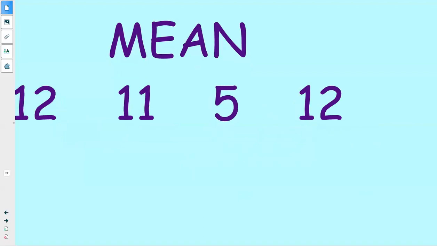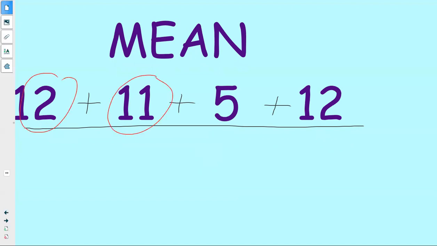Again, I'm about to go over it, so please pause the video if you don't want to see the answer. We've got 12, 11, 5, and 12 again. We're going to add these together and divide by how many there are. Just to make this really clear, there's 1, 2, 3, 4 different values within this data set.